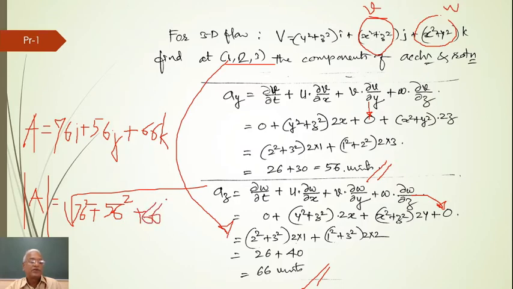Now when you work out, you will be getting some magnitude that will be called as total acceleration of so many units, or you can say it is meter per second squared as the units of measurement. Okay, that's how acceleration is worked out given the expression for velocity of flow.